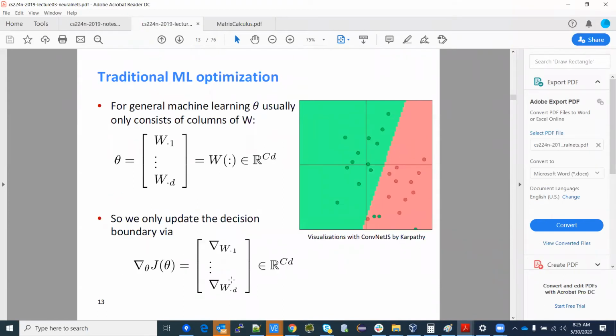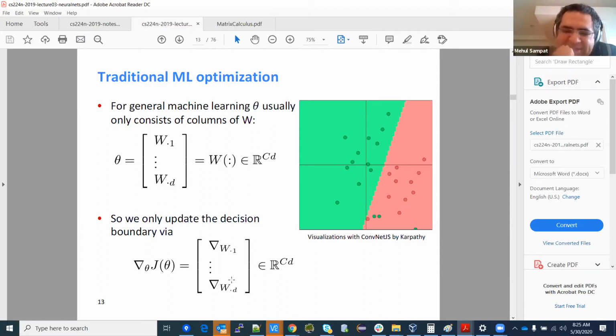Just a quick question there. So D in this case is 2, right? And in that green diagram that you're showing, we've got 2 dimensions here. So what exactly does that bit there mean? We're trying to update the decision boundary, so why would we show that in this way?